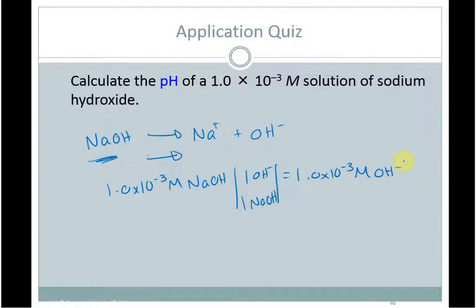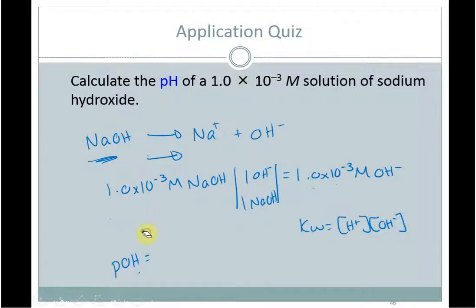Now to go from this to pOH is relatively easy. Honestly guys, the hardest thing about this is you could have more than one process. You can take this and go from hydroxide, use your Kw to find your hydrogen, or you can just find your pOH and then go to your pH.